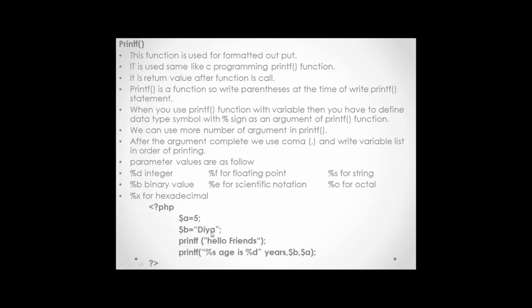The first variable is the number 5 and the data type is integer, and the second variable is a string with the value br. So in PHP we declare variables with two different data types: one is an integer value and the second is a string value.